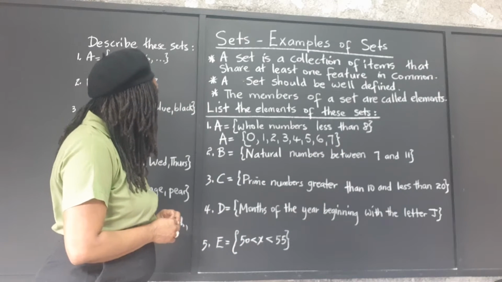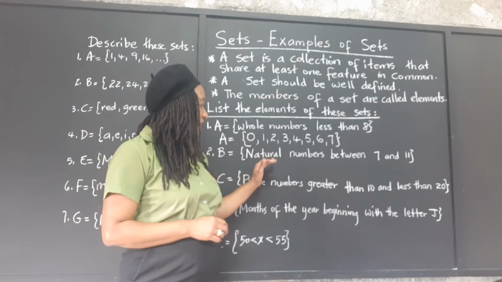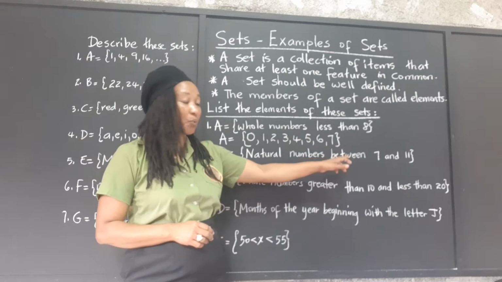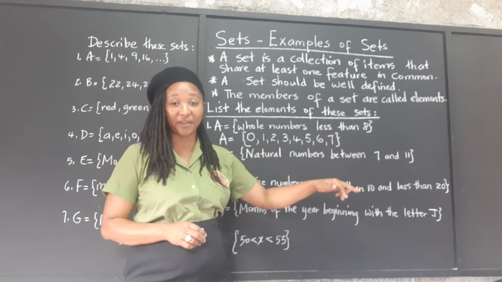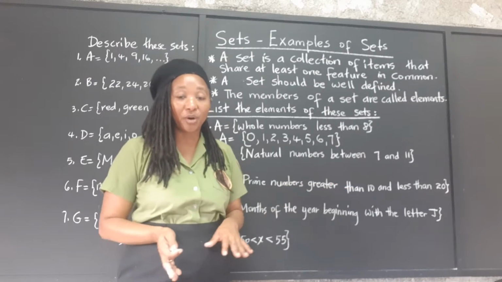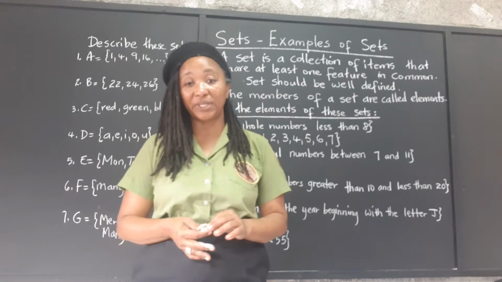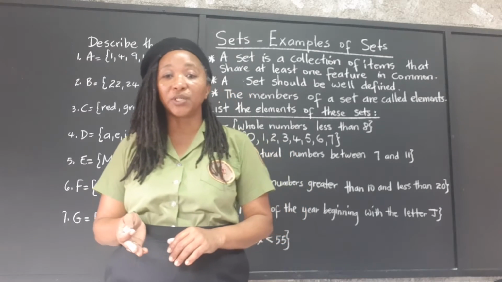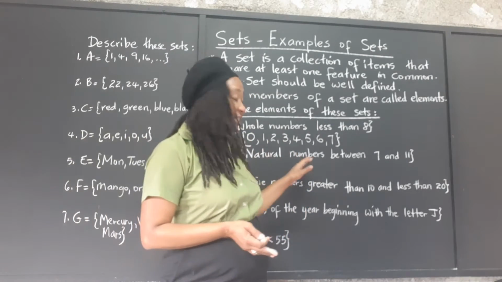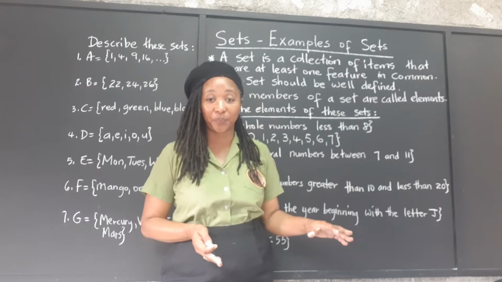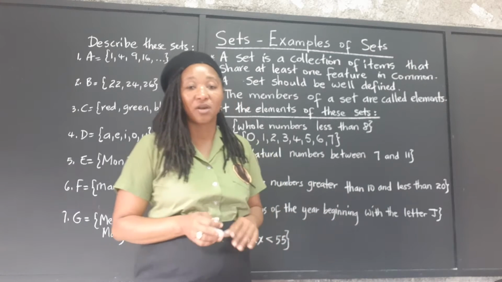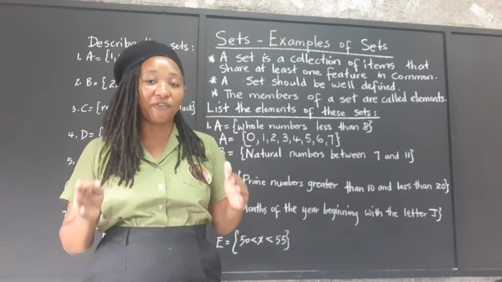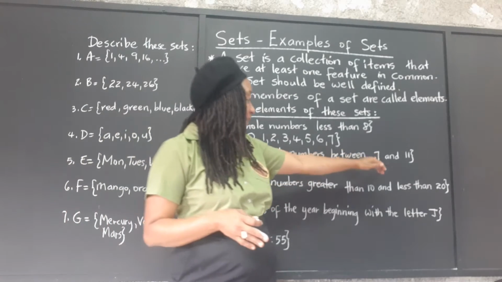Set B contains the natural numbers between 7 and 11. Natural numbers are counting numbers. We start counting at 1, so the first natural number is 1. But this set is very well defined. We only want those natural numbers that fall between 7 and 11.